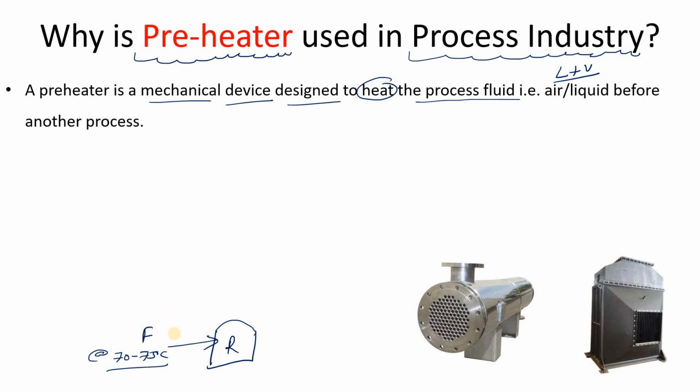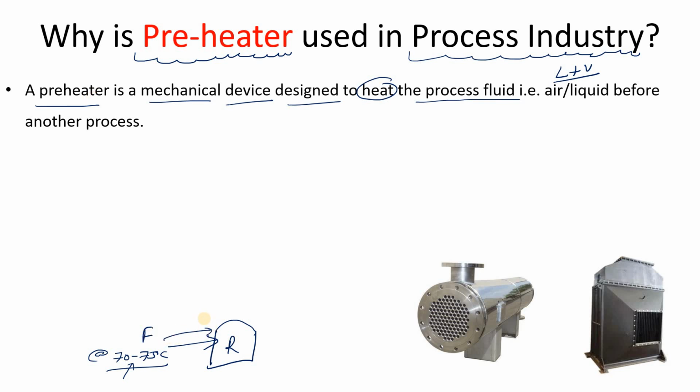But for example, if before this reactor there was no preheater, you are not achieving this temperature, but you could achieve this temperature or nearby this temperature. How? By using the preheater. So what exactly will the preheater do? It will increase the temperature, it will preheat your fluid before entering into the reactor.